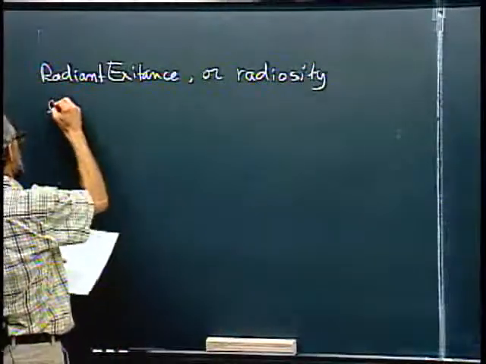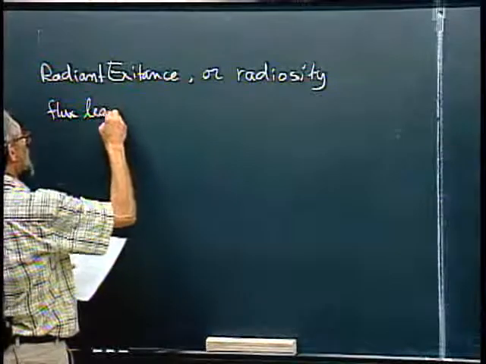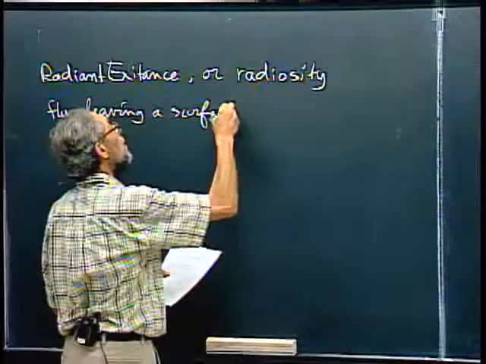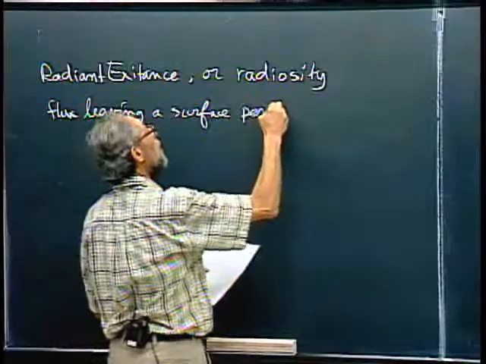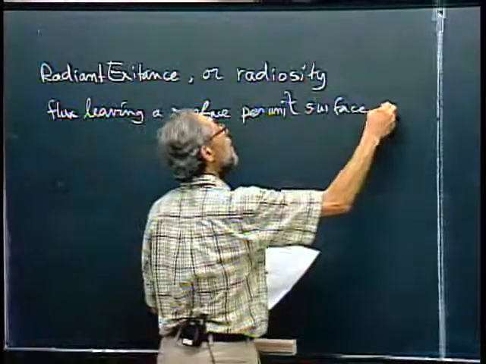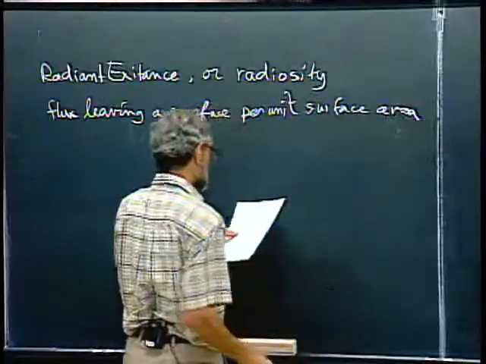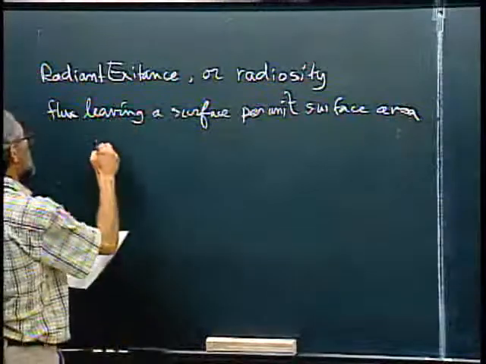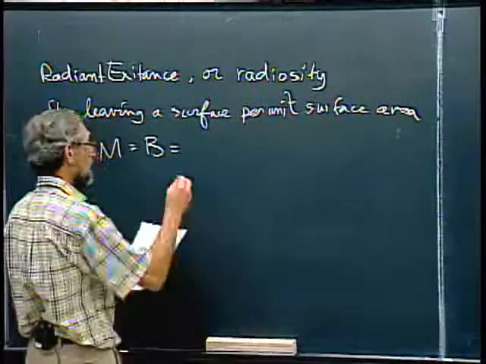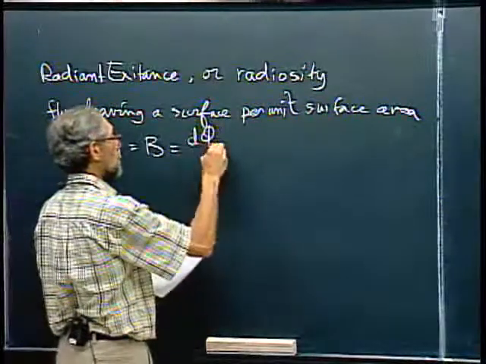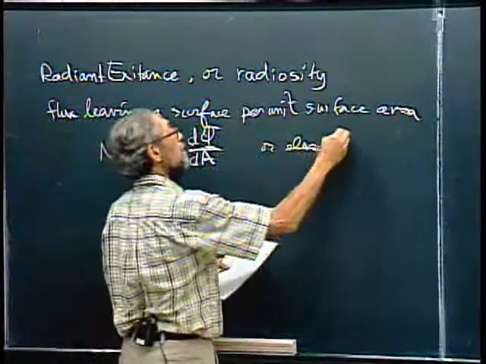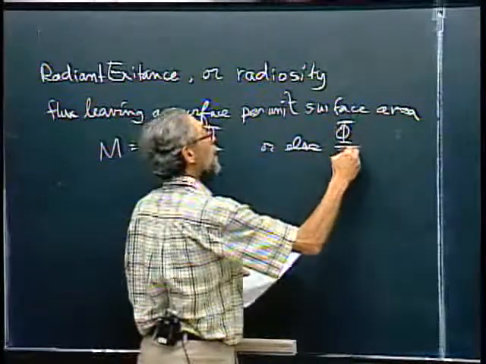It's the flux leaving, again per unit surface area. So it's the same thing. The book sometimes calls it M. I'm used to calling it B. And it's again the flux per unit area, or else a finite flux per finite area.